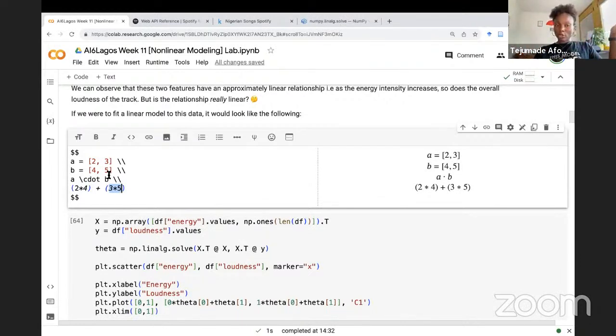But you can also have dot products between a vector and a matrix.